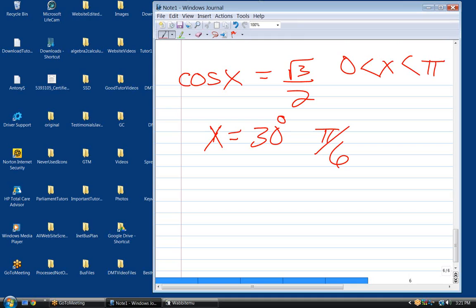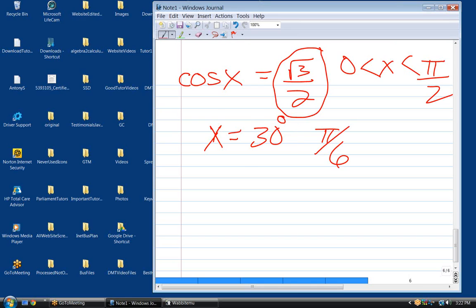So it's either 30 or 150. Hold on, it's not 150, because what's the cosine of 150? Is that plus or minus? Oh, that's minus. Correct. So even though they told us it was in either the first or second quadrant, we know it's in the first quadrant merely because it's positive.